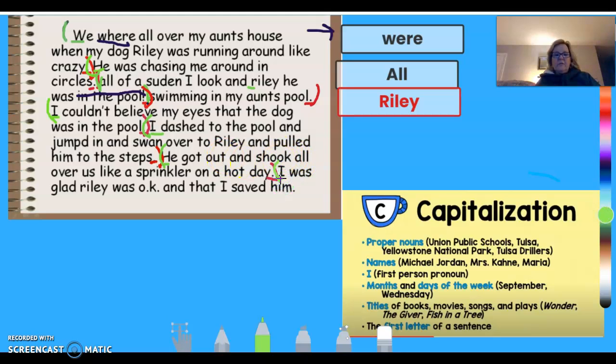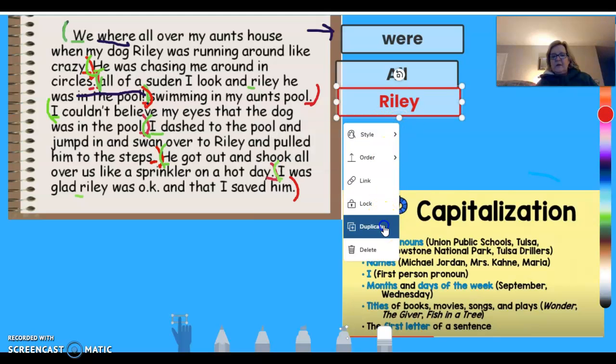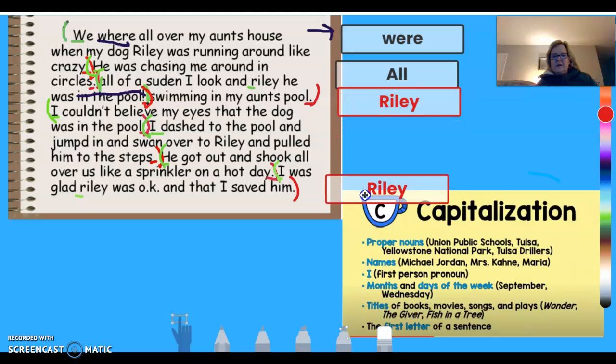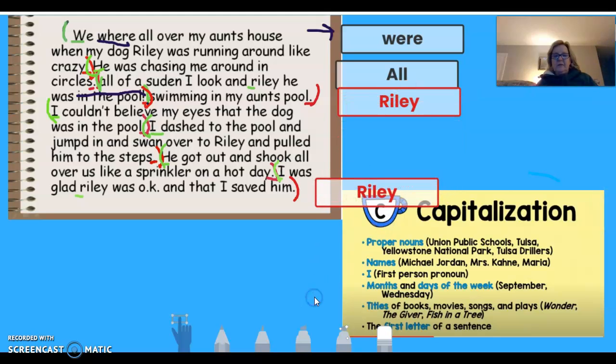I was glad Riley was okay and that I saved him. Well, I see Riley again. And my end punctuation. There we go. So I was looking for capitalization, and let me go here. And I'm going to duplicate this to remind myself that down here I have to capitalize Riley as well.